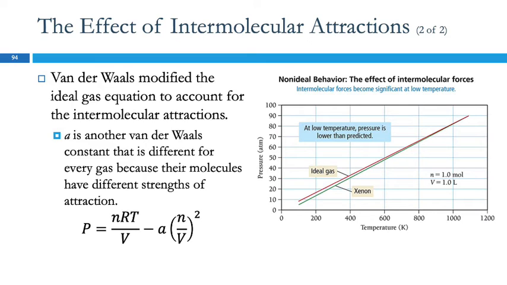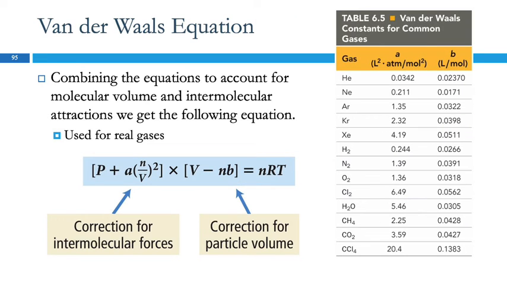And van der Waals made an adjustment for this too. So the pressure gets smaller, so you have to subtract something: minus a times (n over V) quantity squared. V is the volume, n is the moles of gas, and here's another constant. So you put both of those constants together and you get the van der Waals equation.